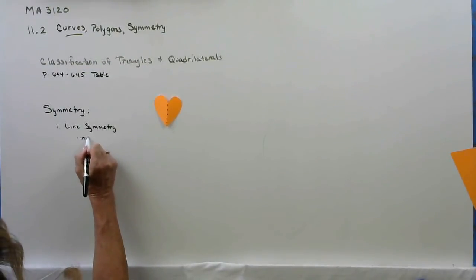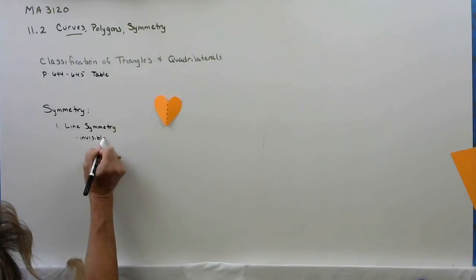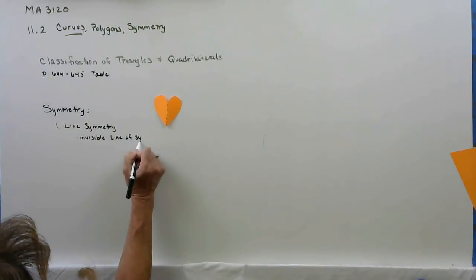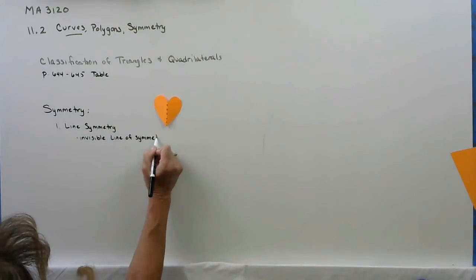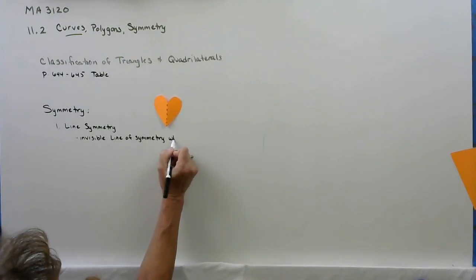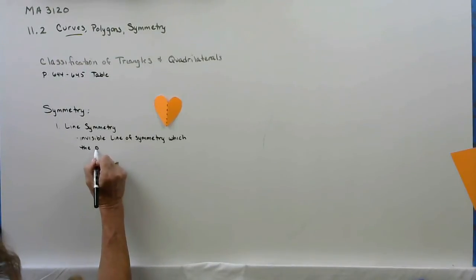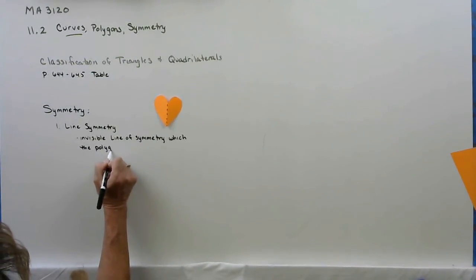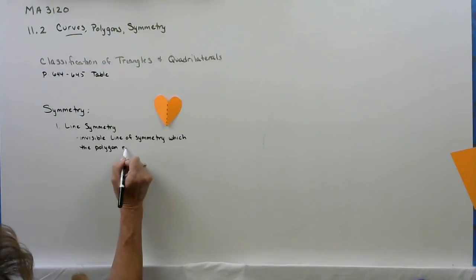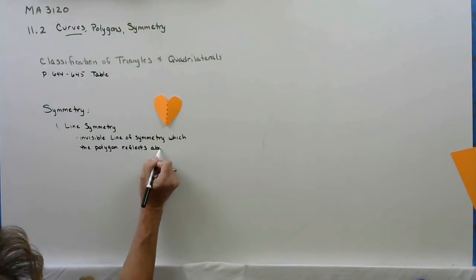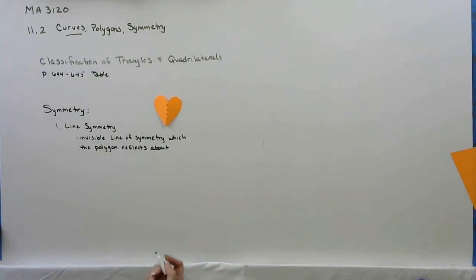A shape has an invisible line of symmetry which the polygon, in this case, reflects about, so it absolutely creates a mirror image of each other.